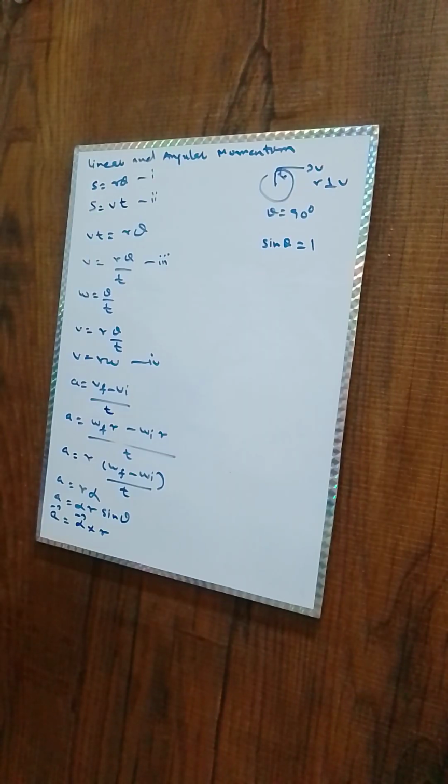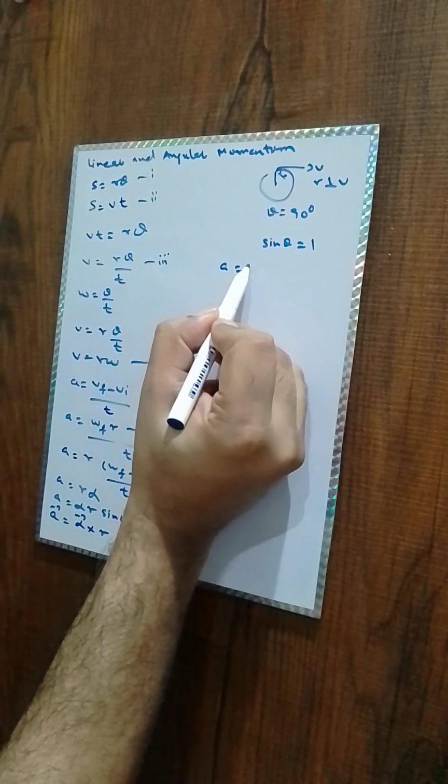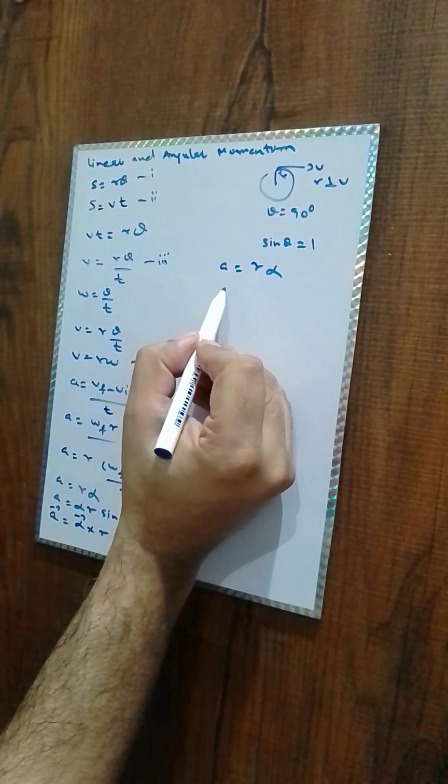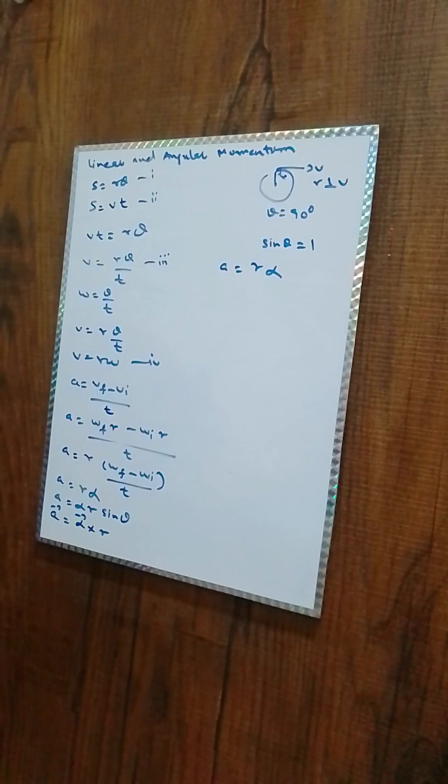We approximate it with the circular arc, and there's one more thing: a is equal to r alpha, for example, in scalar form, and then v is equal to r omega.